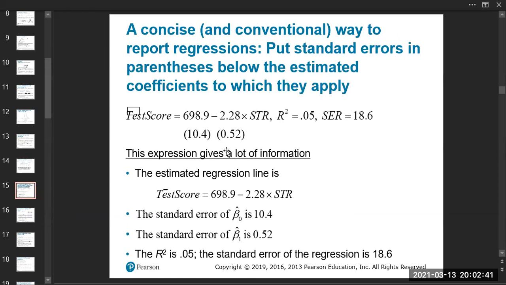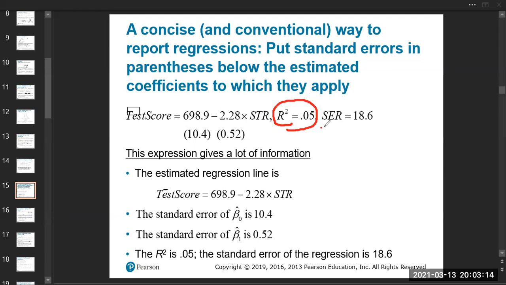All right. Next, a concise and conventional way to report regression. Usually in the future, in every regression you will see the slope coefficient, and below it a standard error. At the same time, we also see an R square.